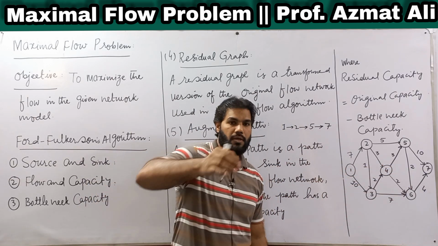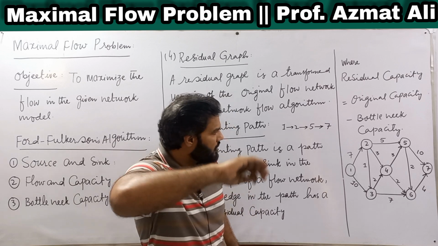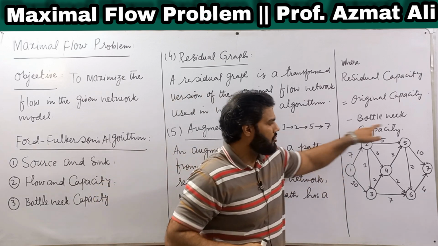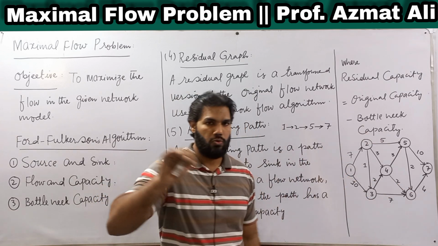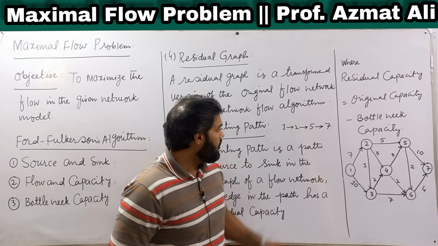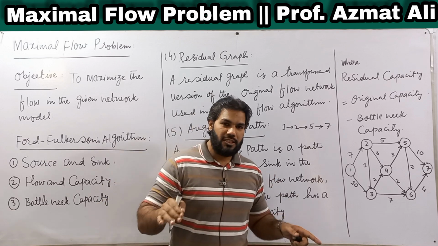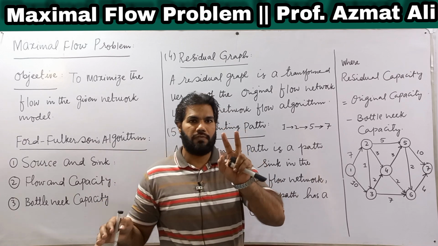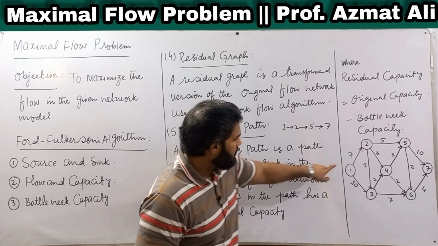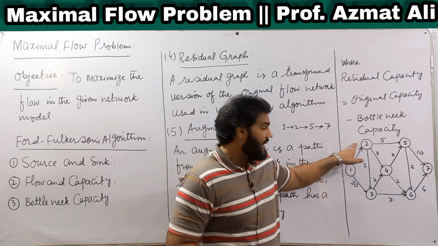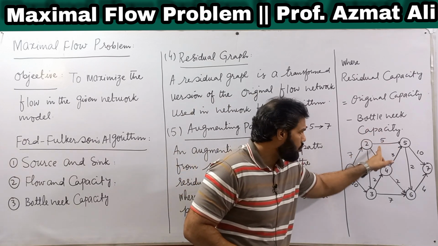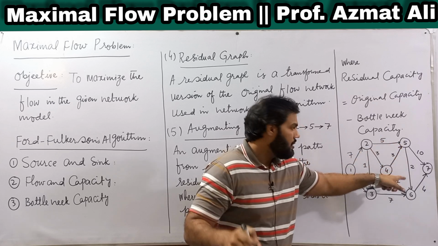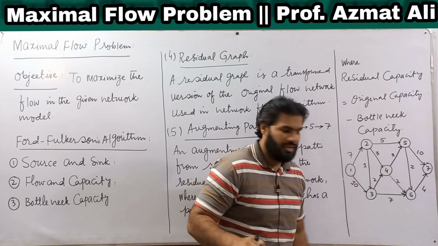So this is a way by which we can reach from node 1 to node 7, from source node to sink node. Now this path has 3 different edges. One is from node 1 to node 2, second is from node 2 to node 5, and third is from node 5 to node 7.